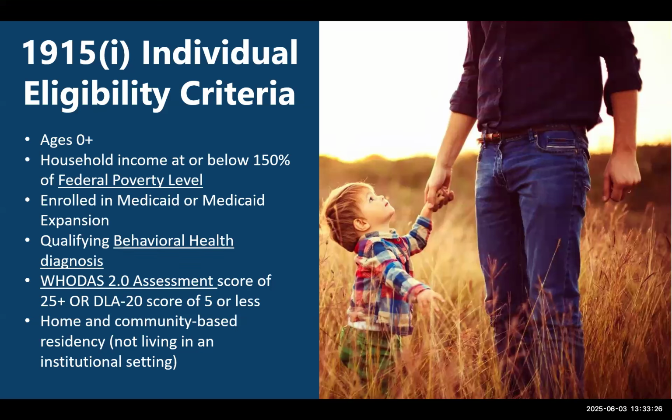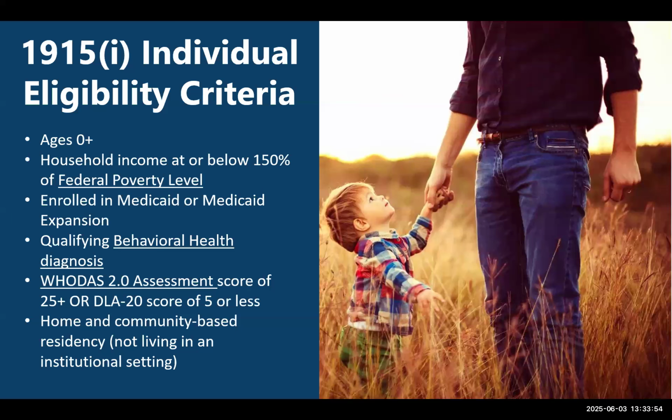1915I individual eligibility criteria. Applicants have to meet all the following eligibility criteria for 1915I approval. 1915I serves members of all ages. Members must be enrolled in traditional Medicaid or Medicaid expansion. 1915I looks at the household income, which must be at or below 150% of the federal poverty level.